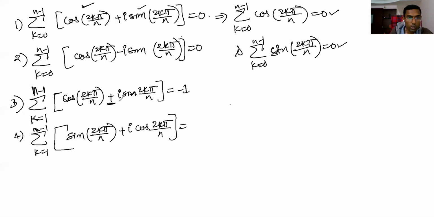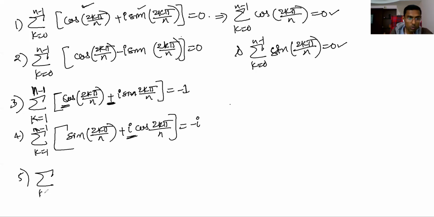If you take the minus in between and multiply with i, then you get i cos. When you multiply with i, in between minus will be there. Then here we are going to get minus i, since in between plus is there. That's what I told you.